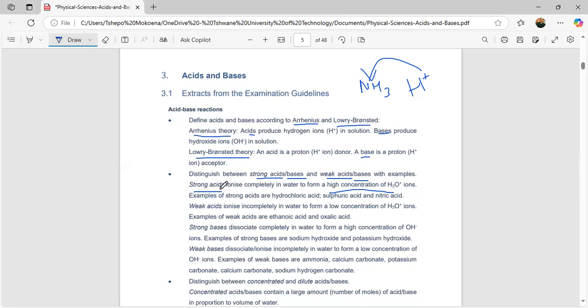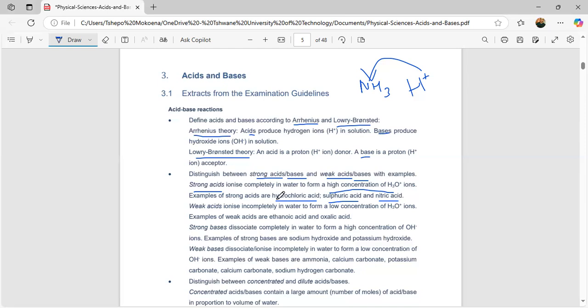There are numerous examples of strong acids, but for your curriculum, the strong acids you're going to focus on are hydrochloric acid, second, sulfuric acid, and third, nitric acid.